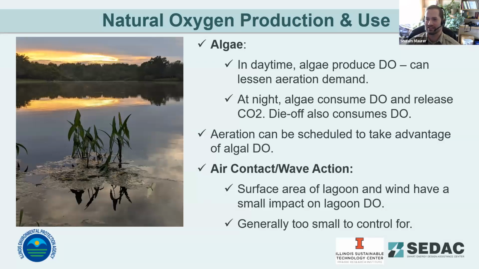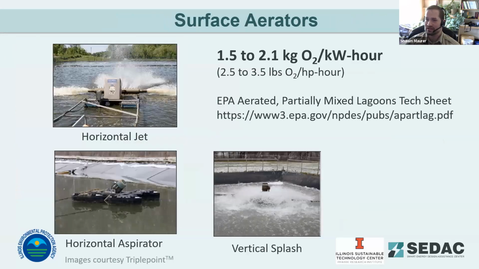On a windier day, you get some wave action. You might get a little bit more DO. So if you have an ability to track DO in your process, you can make some adjustments for those through controls.